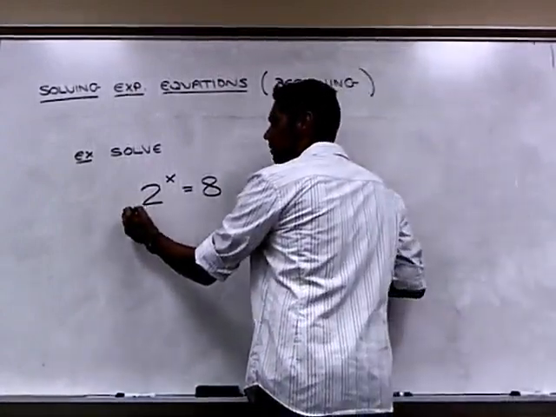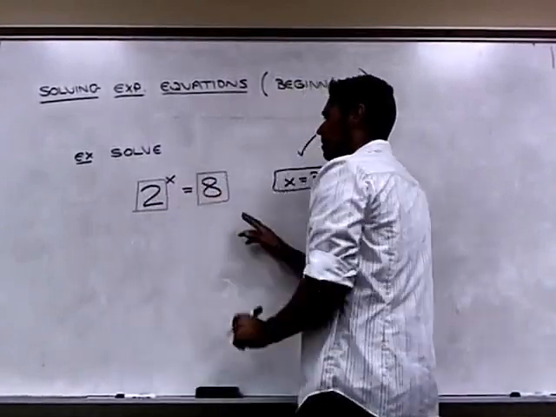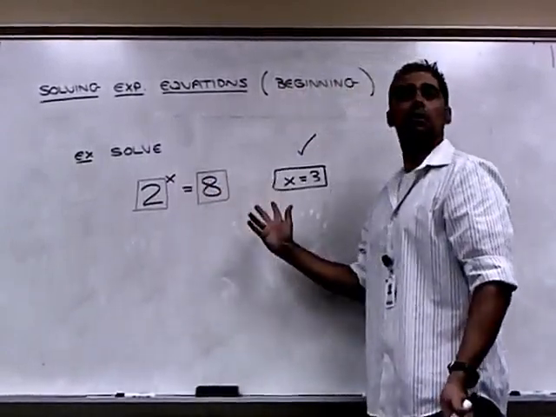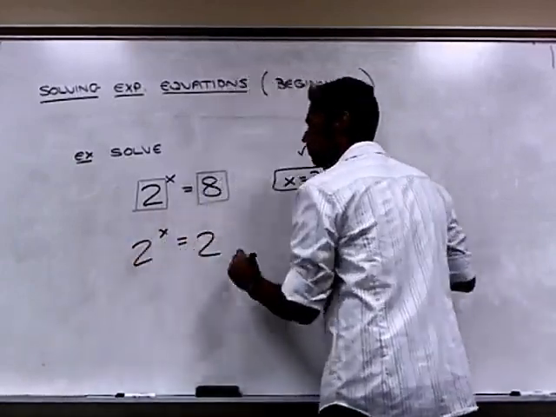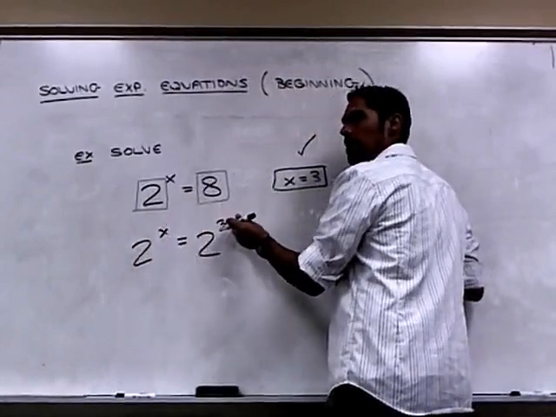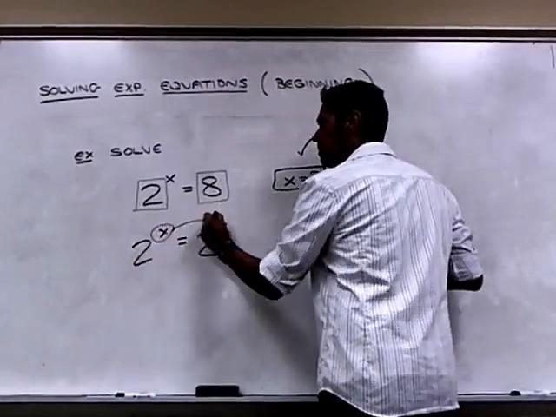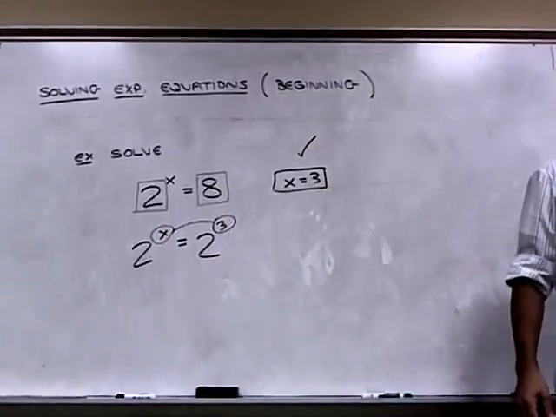What is the base over here? 2. Okay. Can you rewrite 8 as 2 to a power? 2 to what power? 3, right? So I have 2 to the x must equal 2 to the 3. Doesn't that mean that this has to be equal to this? So therefore x must be 3. That makes sense?